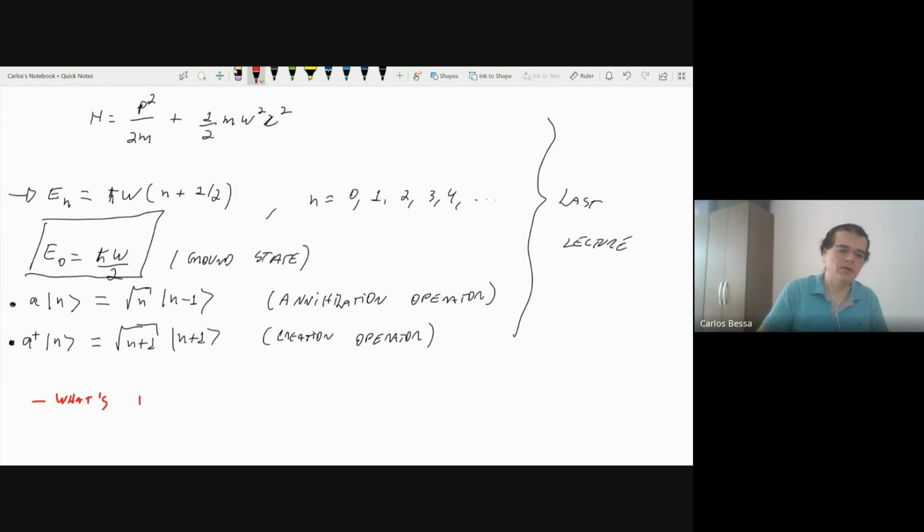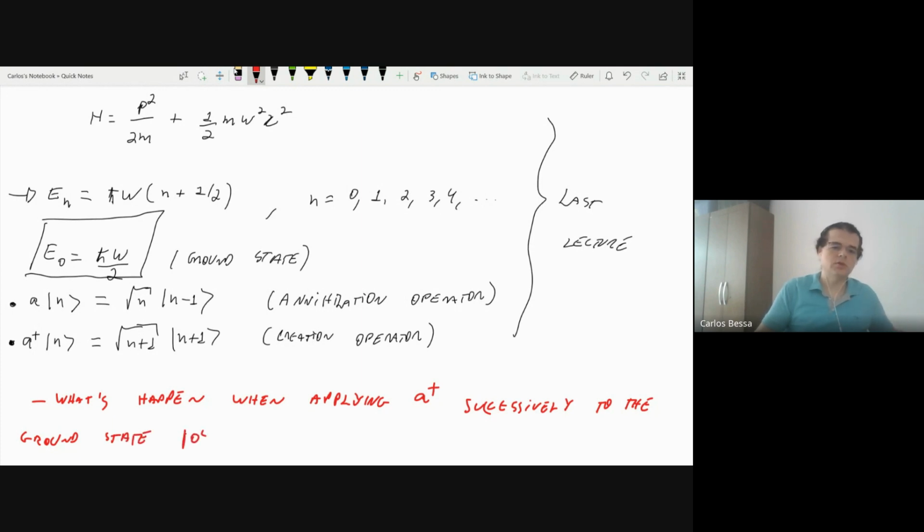So let's start today. What happens when applying a dagger successively to the ground state, state 0?